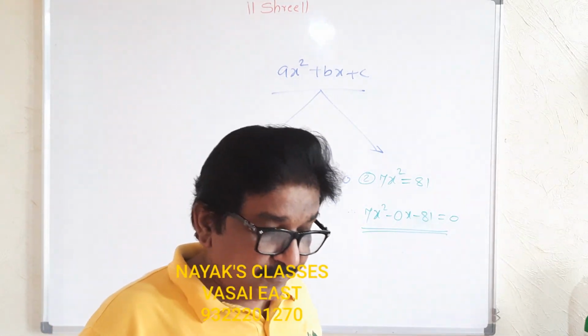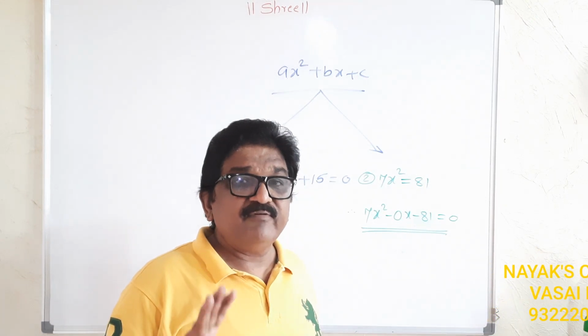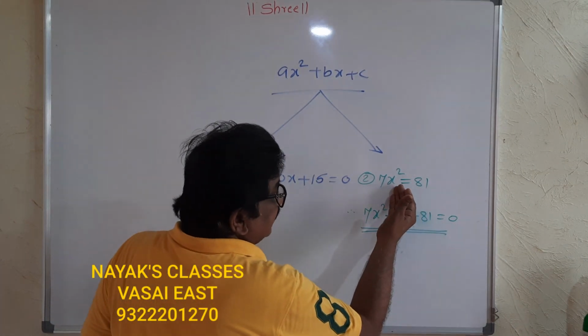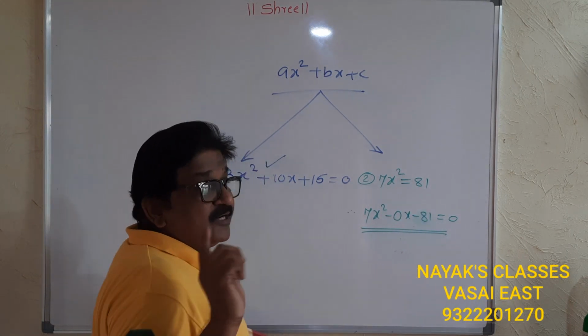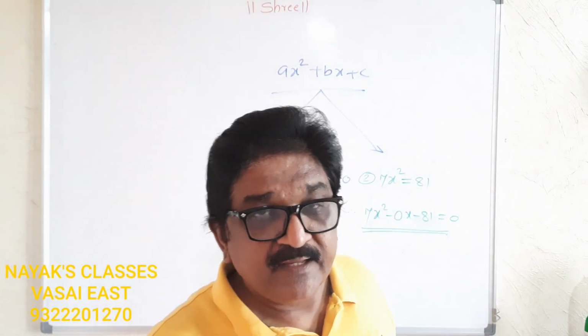Initially it may not look like a quadratic equation, but it will be. How? We have transferred that 81 to this side, it becomes minus 81, and the second term is missing.